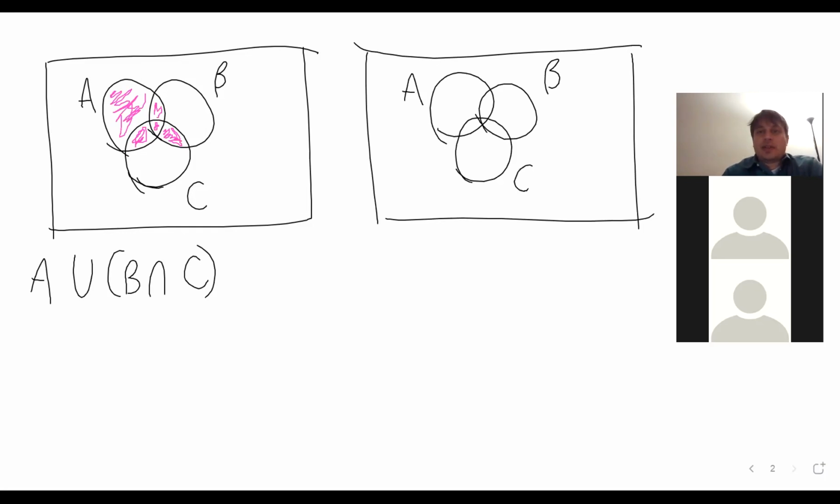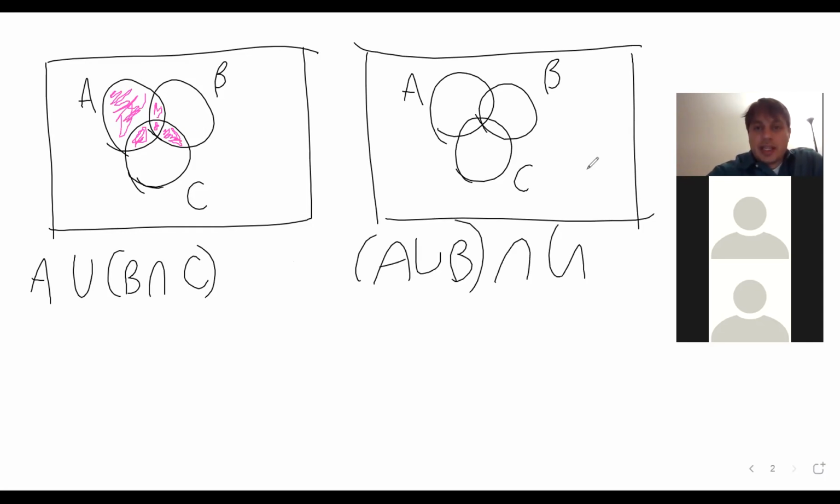Now let's illustrate A union B intersected with A union C. Okay, so it's an intersection. A union B is an A or B, right? But you want to look where A union B overlaps with A union C.